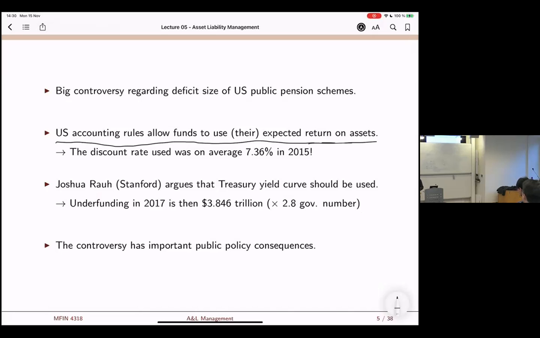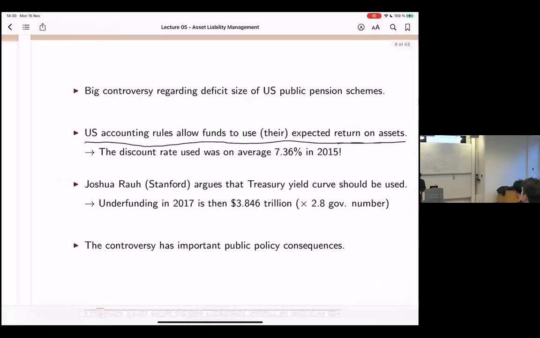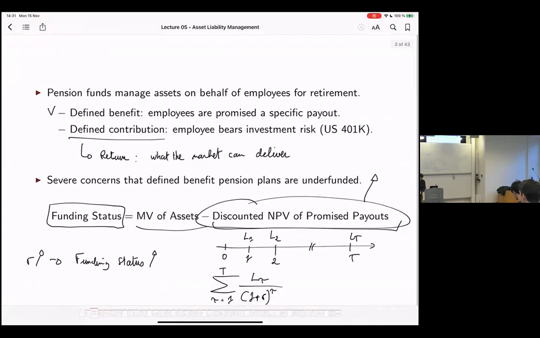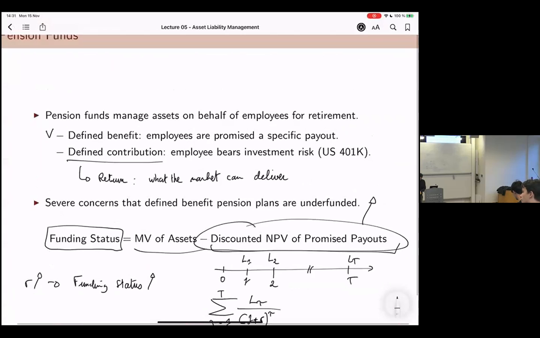In a sense, if you think about this formula here, assuming a higher return on your assets means that this thing, I'm going to do it like this.